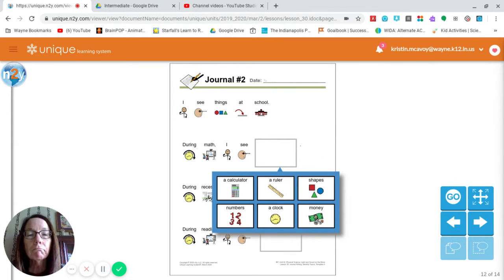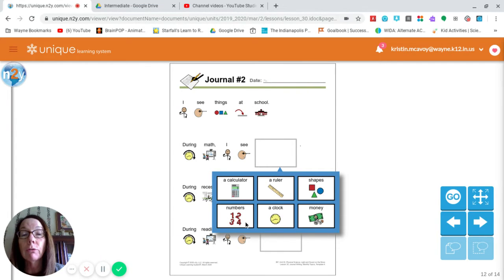So lately, in the past couple of months, we've started working on new activities using rulers and doing measurement. So that's something you might want to pick. We've spent a lot of time this year working on shapes, both 3D and 2D shapes. So you might want to choose that. We're always using numbers when we are doing our math activities.